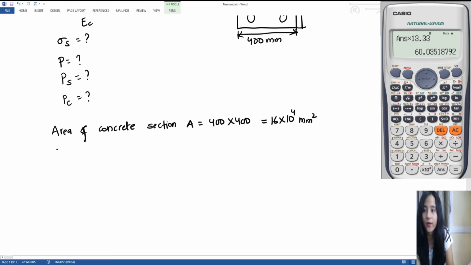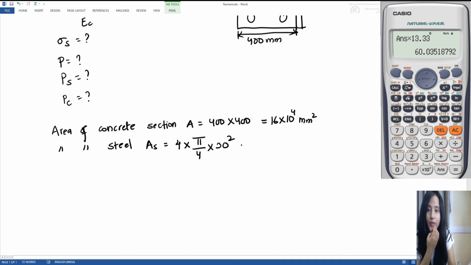So next let us find area of steel. Area of steel AS will be equal to, there are 4 bars into pi by 4 and its diameter is equal to 30 square. So we cancel these two.